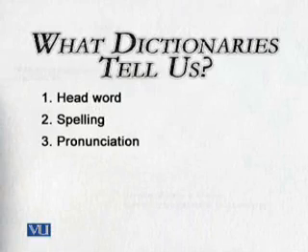As I mentioned before, some dictionaries only give you one pronunciation, and a good dictionary should give you at least two, British and American. Please keep in mind, if there are two pronunciations, the left one is always British, the right one is always American, and they are divided by two straight lines.